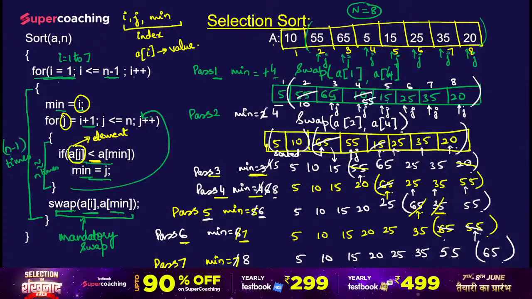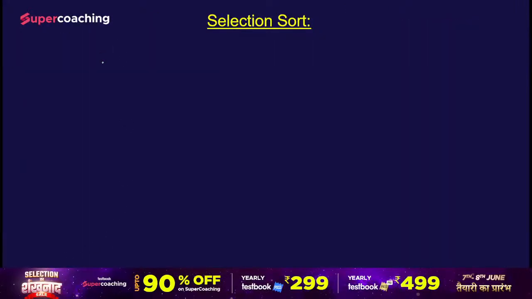Yes, what I'm saying is, best case ज़्यादा से ज़्यादा क्या होगा, आपके पास जो input given है, that is 10, 20, 30, and I want to sort these elements, so I'll be applying pass 1. In pass 1 I'll assume that min is equal to 1. The minimum element is available at index 1.